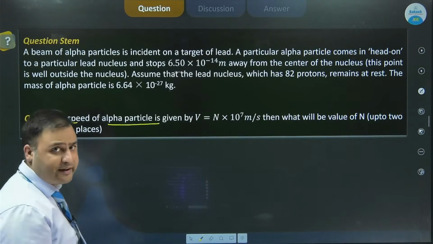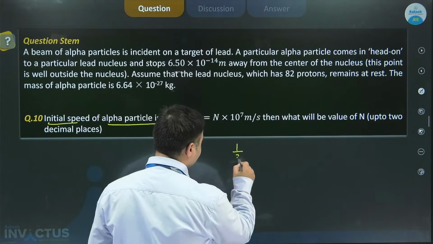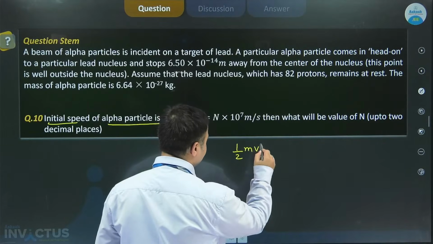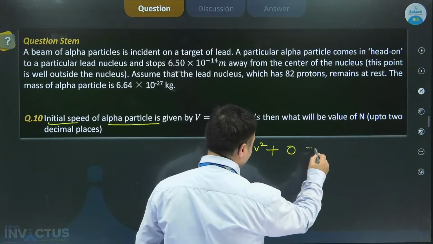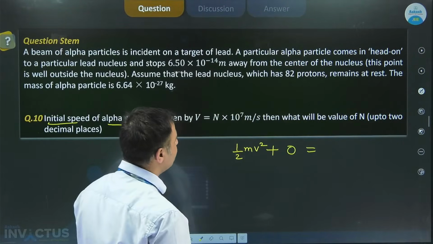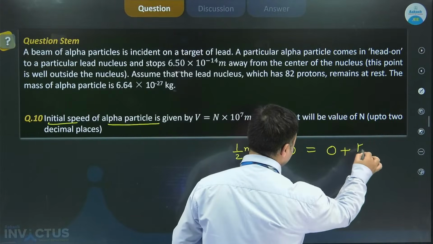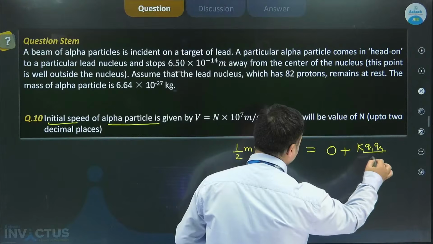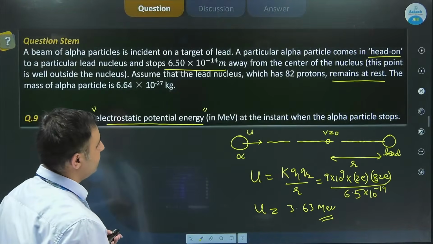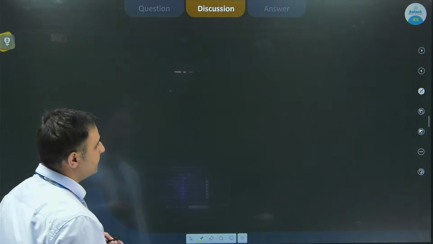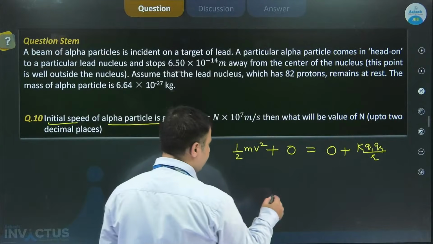Now there is another part in the question, the initial speed of the alpha particle. For the initial speed we can apply conservation of energy. Initially the alpha particle has kinetic energy half m v square, and the initial potential energy is 0. This is equal to, at the time of closest separation, kinetic energy 0 and potential energy k q1 q2 by r, which we calculated. Now on putting the values, we can get v.